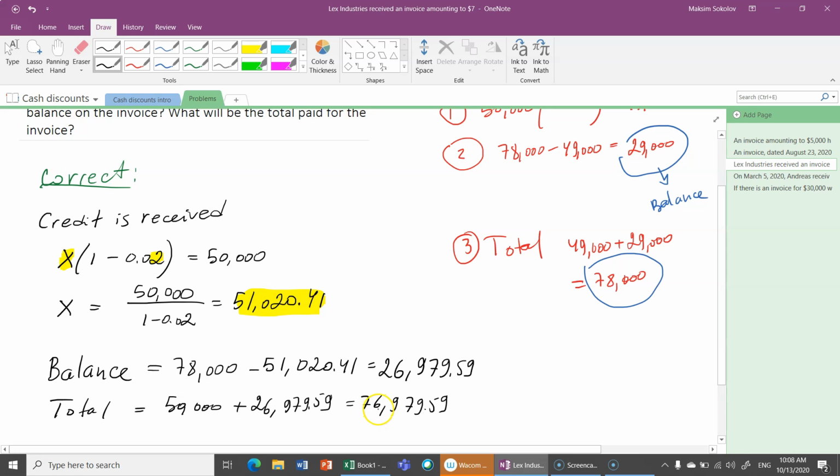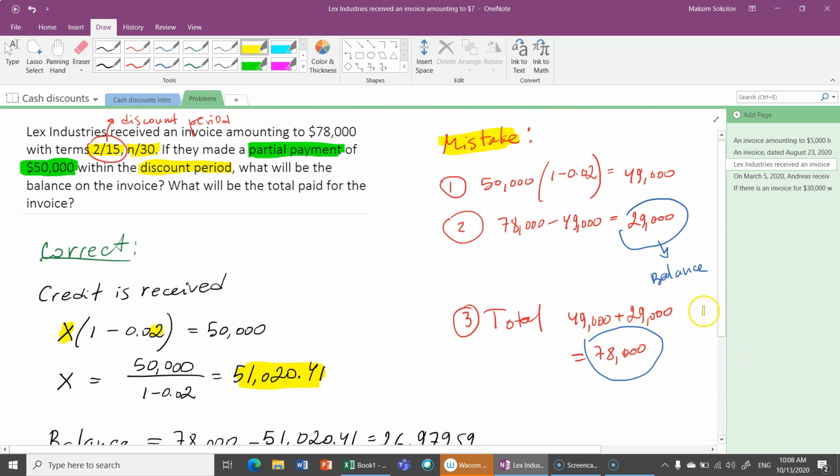So that is the total paid for the invoice, which is $78,000. As you can see, in this case, the company paid a lower amount because the company received a discount during the discount period, which now makes sense versus that incorrect solution, which didn't make sense.